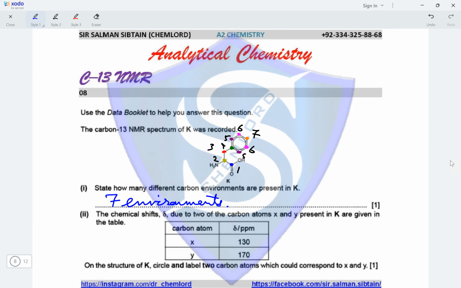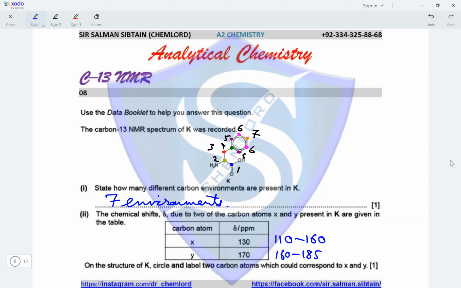Next, the chemical shift due to two of the carbon atoms X and Y present in K are given in the table. So X has a value of 130 and Y has a value of 170. So looking at the environments present, the value of X corresponds to the aromatic ring, which has a range of 110 to 160 parts per million, and Y has a value of 170, which corresponds to 160 to 185 parts per million for a carbonyl, or rather carboxyl carbon for carboxylic acid.